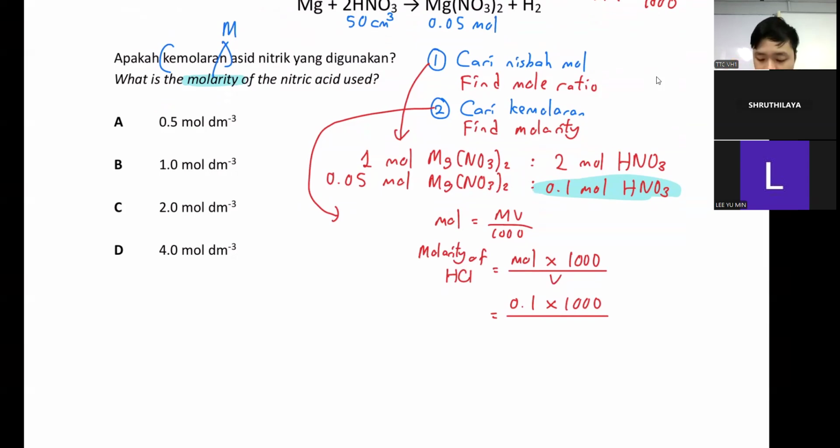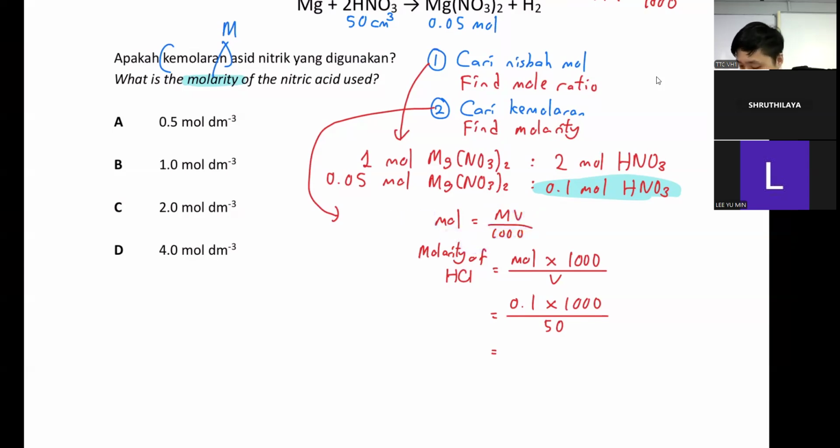Do they give you volume? Oh yes, 50 cm cube. Because the thing is, MV means M times V. So if you move the V to the other side, you will get divide V. But 1000 is divided, move to the other side, become multiply. Mathematics.